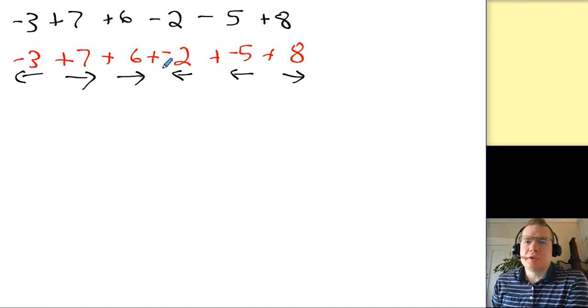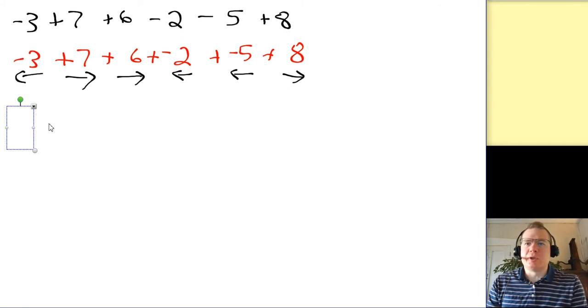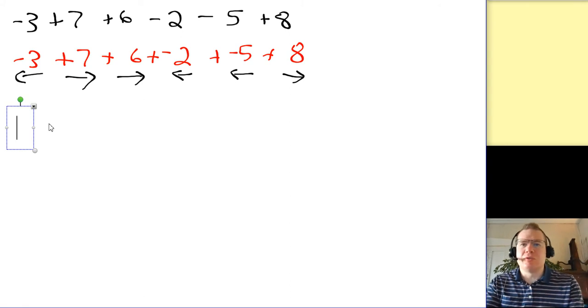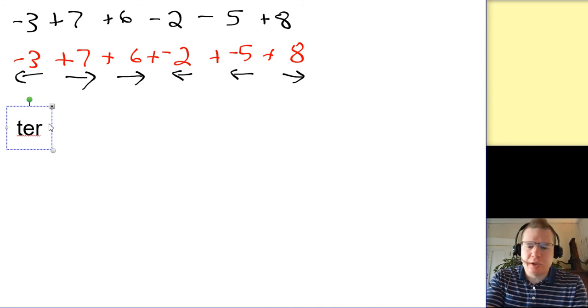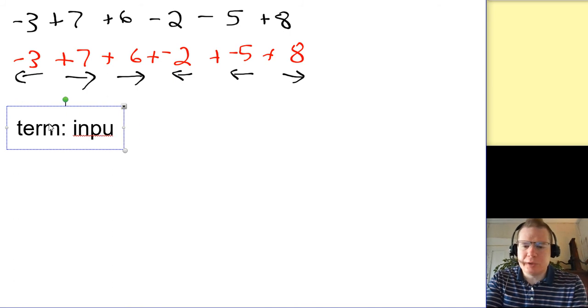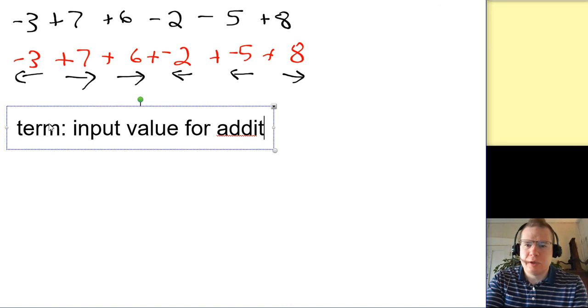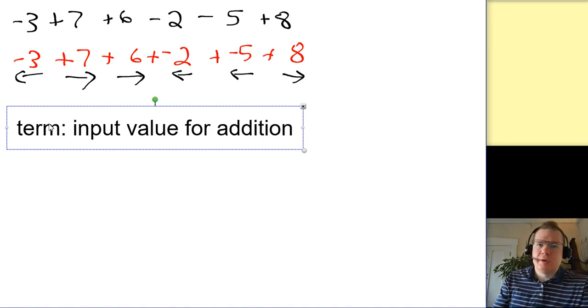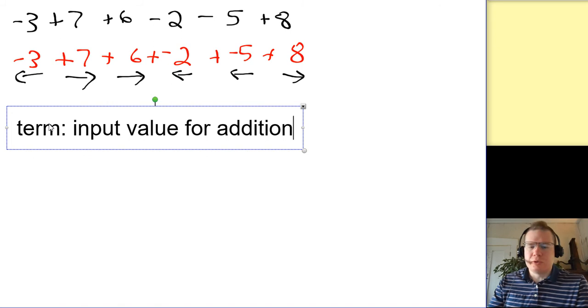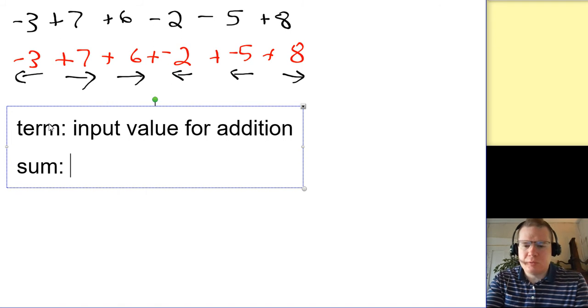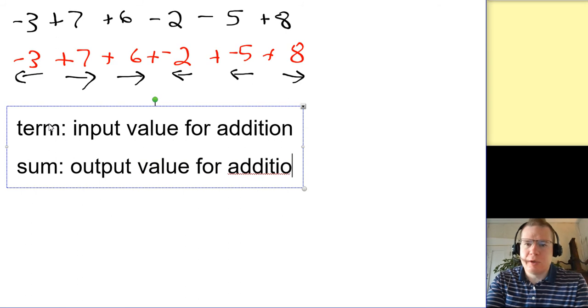It also is more official because when we talk about what each of these things are, we call them terms. And in algebra, term doesn't just mean a precise word that we're defining, right? That's the general definition of term. But in algebra, a term is an input value for addition, as opposed to the sum, which is the output value for addition.